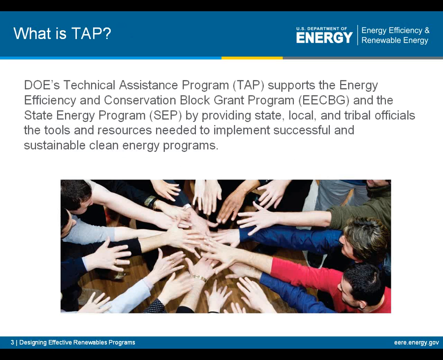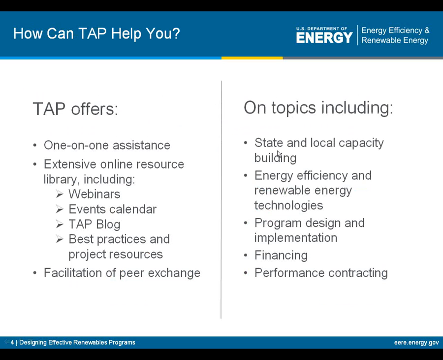So at this point, I think many of you are probably familiar with DOE's Technical Assistance Program. It's a set of national resources available to EECBG grantees and the state energy programs to provide you with assistance to carry out the grants that you've been awarded. This particular webinar is one piece of the extensive public outreach information that we're providing you through the TAP library, which also includes other documentation and playbooks, white papers, and best practices resources.